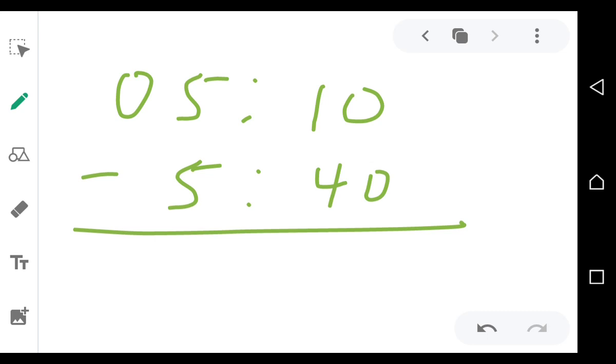So these are the minutes. The number on top is smaller, so I have to borrow 1 hour from the hours.